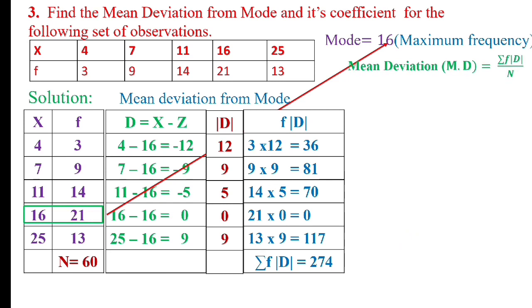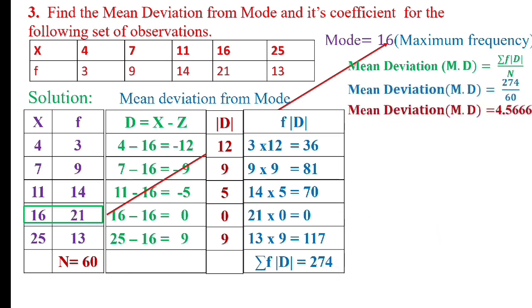The mean deviation formula is summation F into D divided by N. Here summation F into D is 274 divided by N, 60. Simplifying, we get 4.566. This is the mean deviation. Then the coefficient of mean deviation is mean deviation divided by mode.